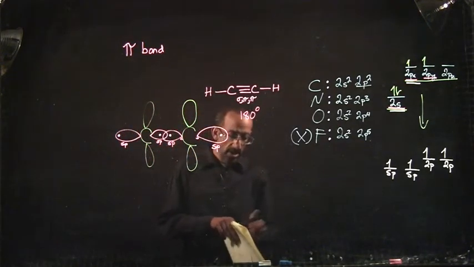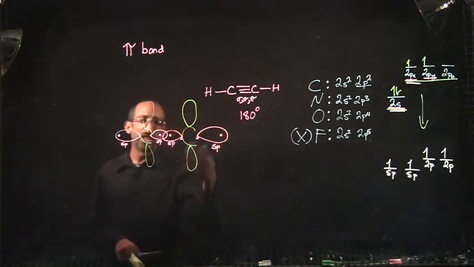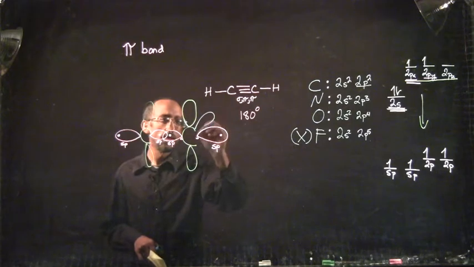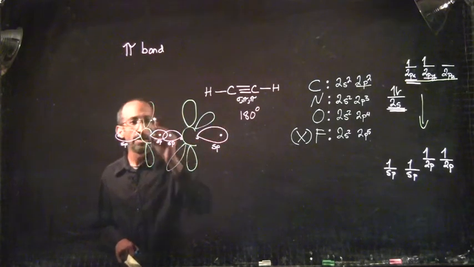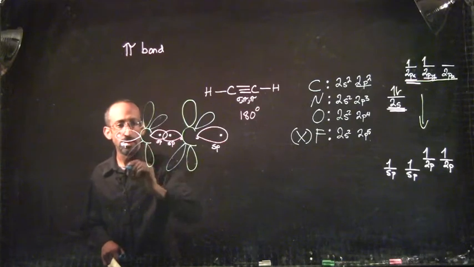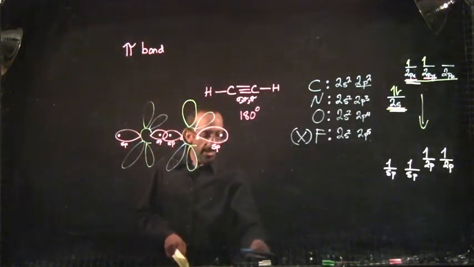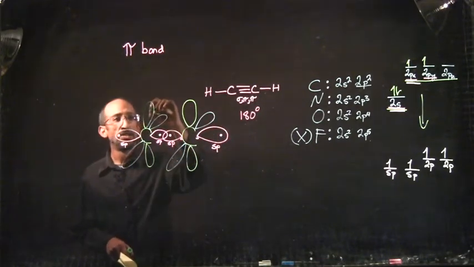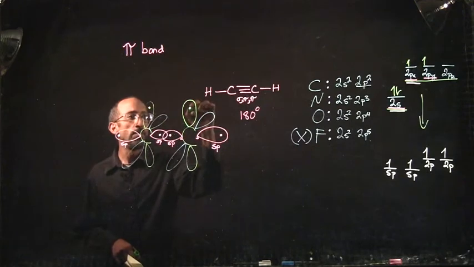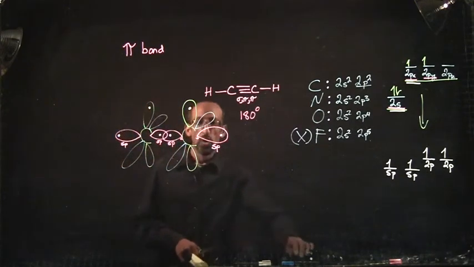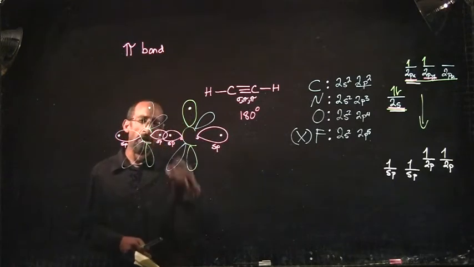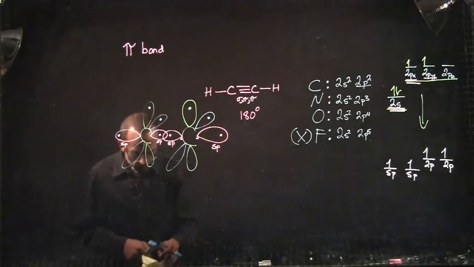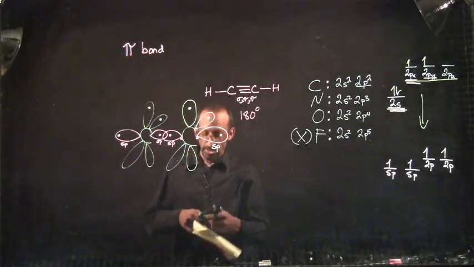And we'll have one of those p orbitals sticking out of the board and behind the board. And each of those p orbitals will have one electron in it. So here's one electron in our vertical p orbital and one electron in our in and out of the board p orbital.